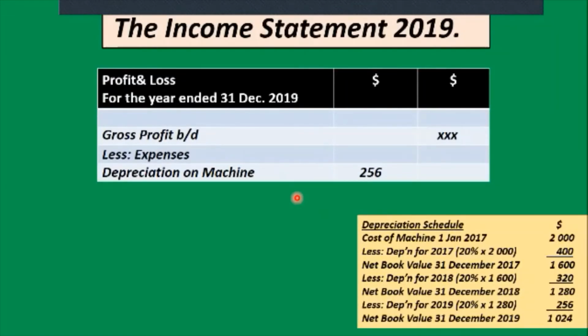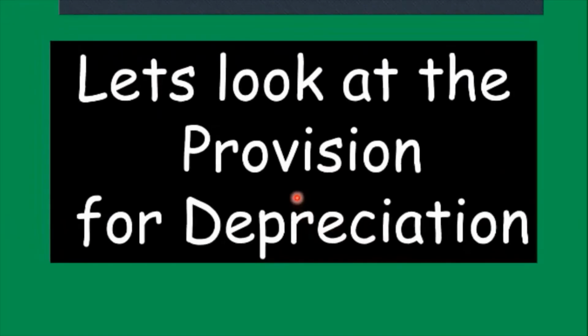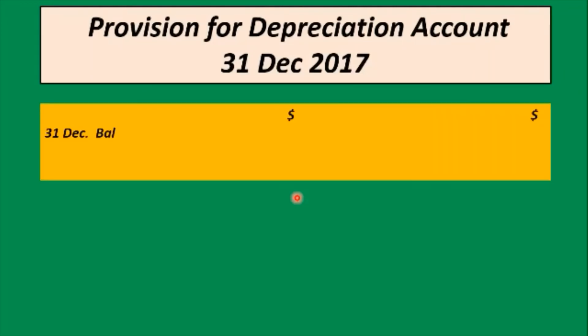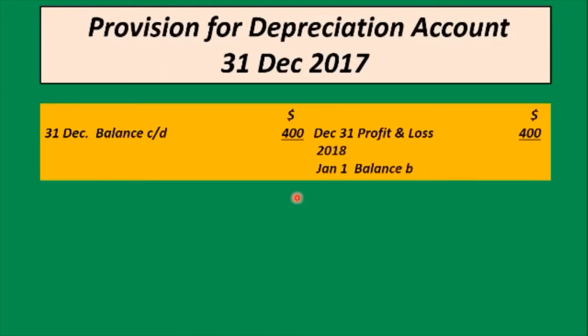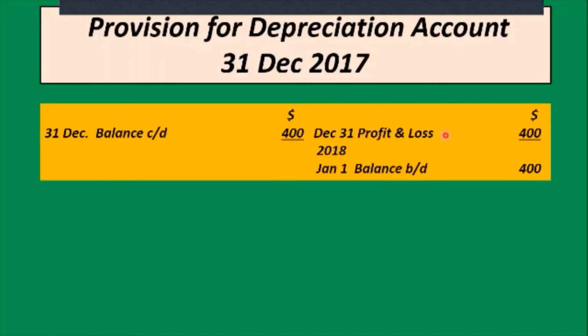And we will consider next the provision for depreciation. This is the new account that you open. Provision for depreciation account 31st December 2017. Right? It would look something like this. We will debit the profit and loss account here with 400.